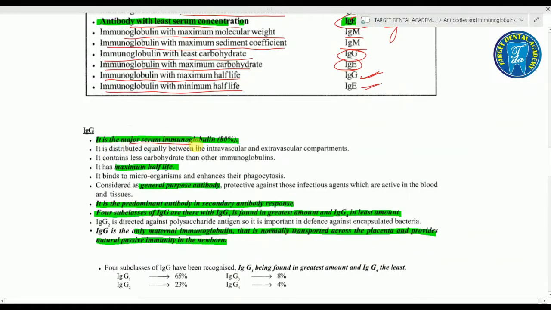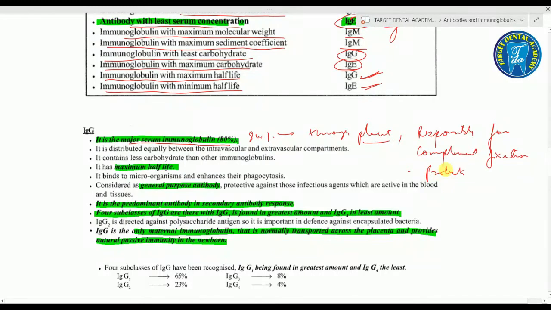It is the major serum immunoglobulin, which constitutes 80%. It is the only immunoglobulin that is transported through the placenta, and it is also responsible for complement fixation, and it protects the body fluids. These are the 3 important points.